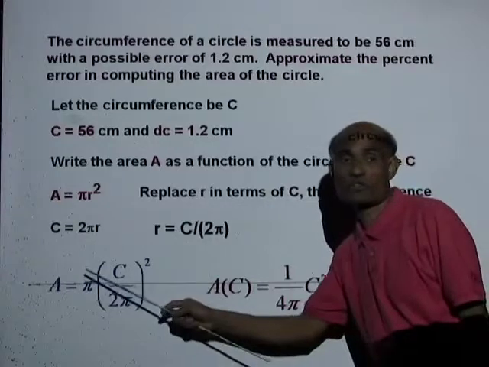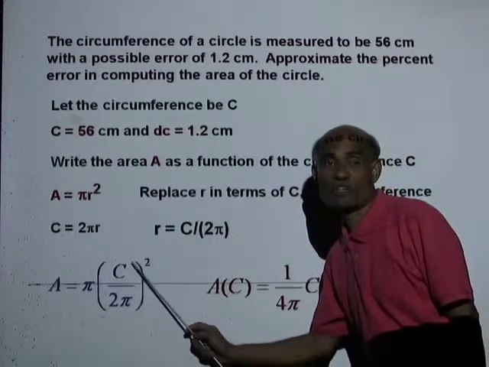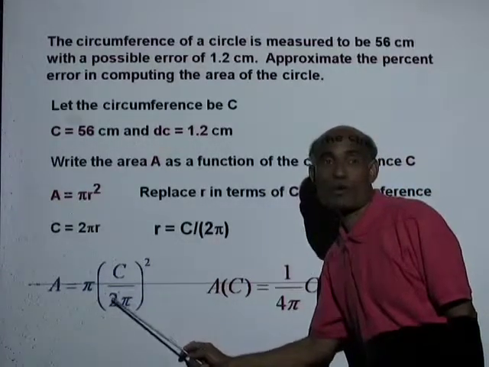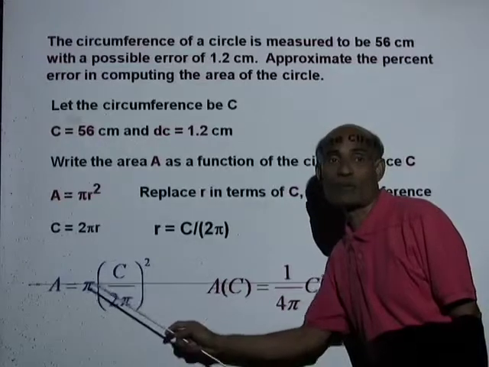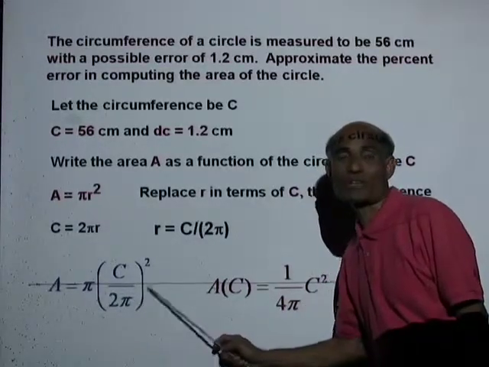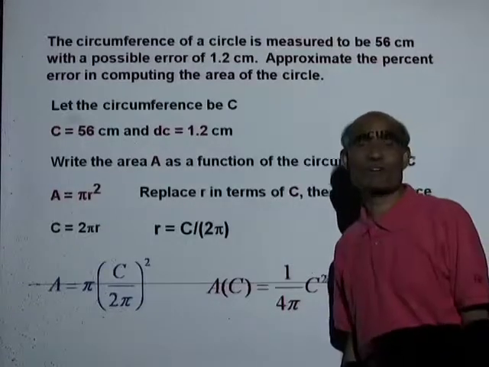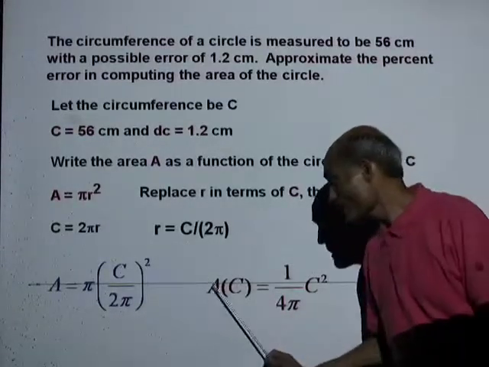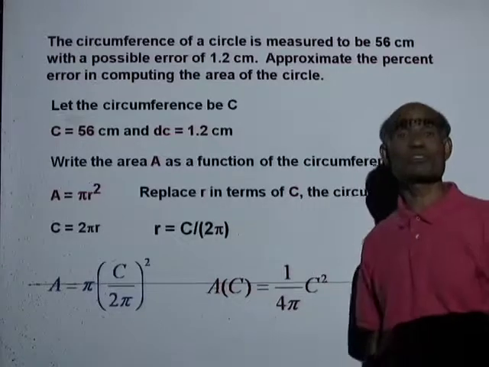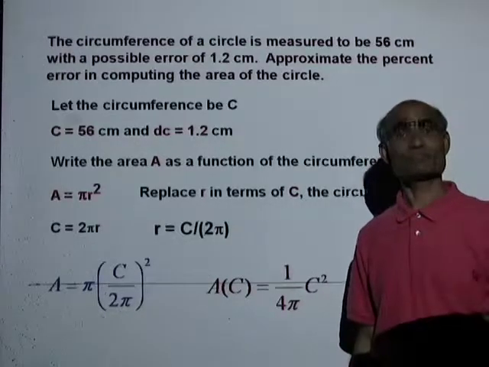Is that right? Can you simplify that? This will be C squared over 4 pi squared. One pi will cancel, leaving a 4 pi in the denominator and C squared in the numerator. So we have area as a function of the circumference.